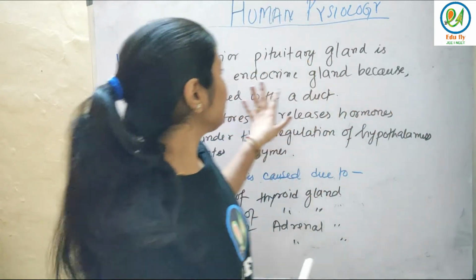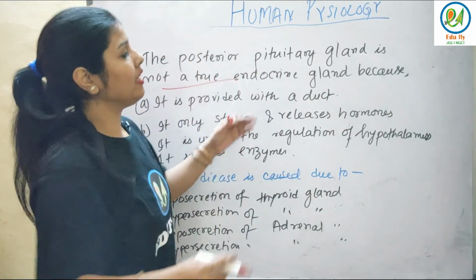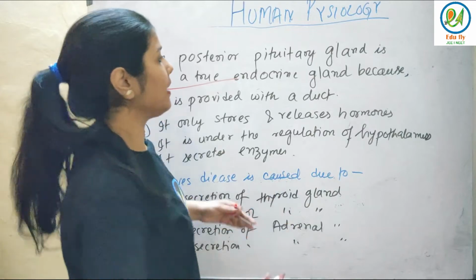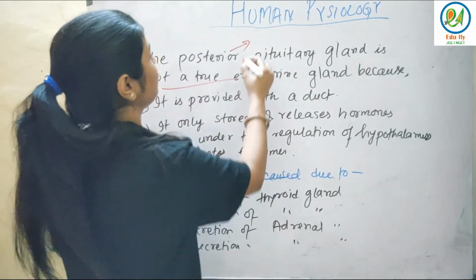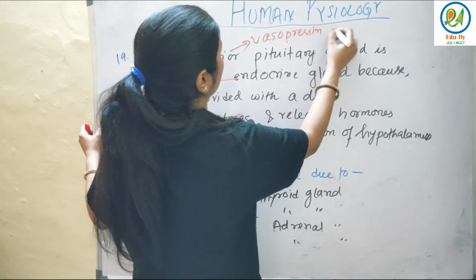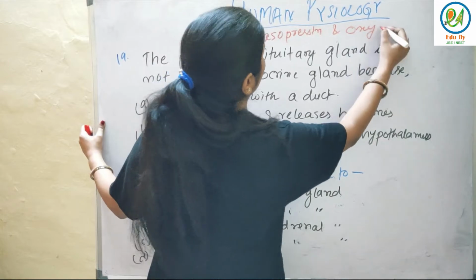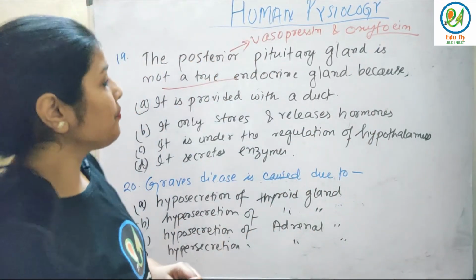The first question says the posterior pituitary gland is not a true endocrine gland. Why? The reason is that the posterior pituitary gland releases 2 hormones, vasopressin and oxytocin. Very common hormone, the pregnancy hormone, oxytocin, right?